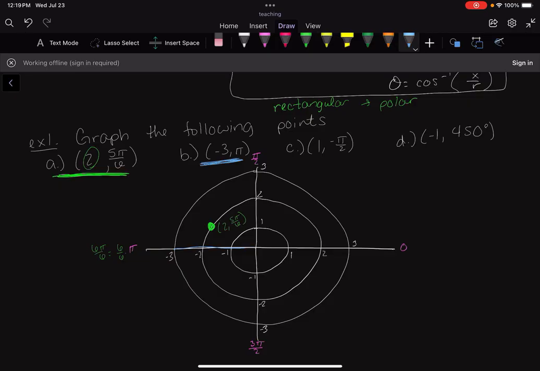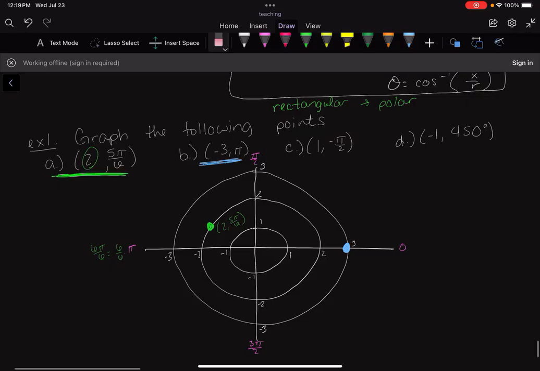So this point for part B is actually going to bring us over here to this 3. It's because we were originally looking this way because that's where pi is, and we thought we would go out by 3, but since it was a negative 3, we had to switch directions, so we had to go the opposite way. So instead of going out to the left, I actually had to go out to the right.